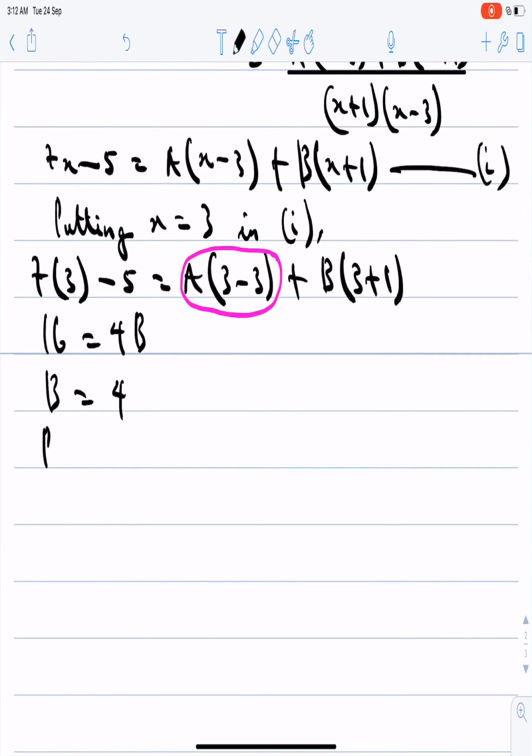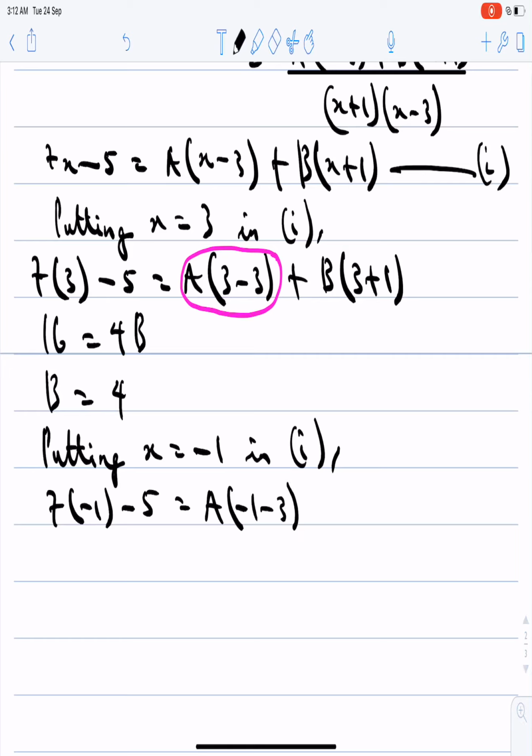Now putting x equals minus 1 in equation 1, that means 7 times minus 1 minus 5 is equal to a times minus 1 minus 3 plus b times minus 1 plus 1.